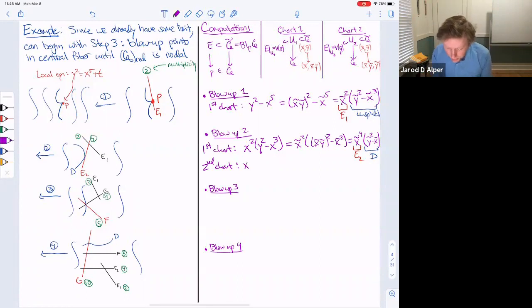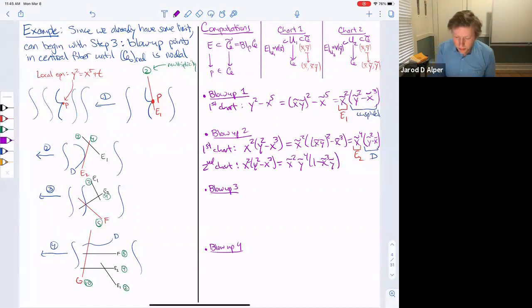And so we do the same equation, and x squared y cubed becomes, maybe I'll spare you the calculation here, it just becomes x tilde squared y tilde to the fourth times 1 minus x tilde cubed y tilde. And here, the exceptional divisor is this y tilde, so that's E2.